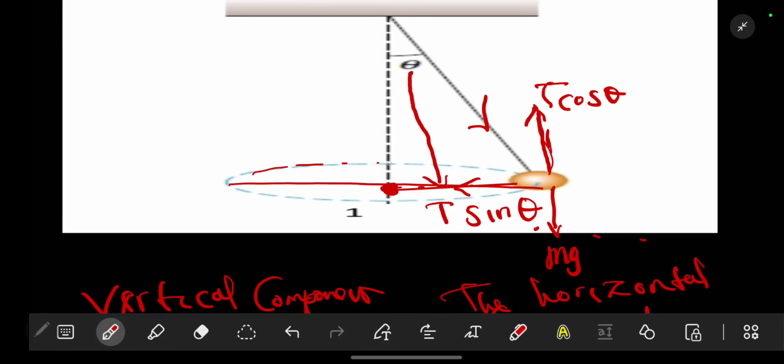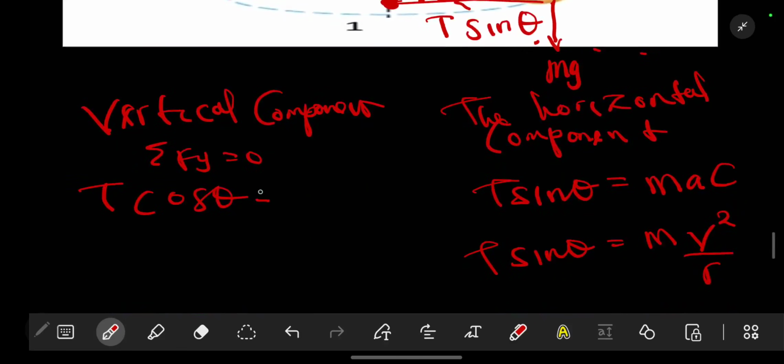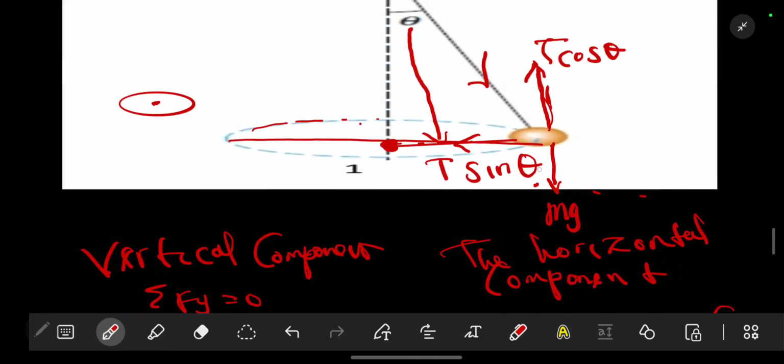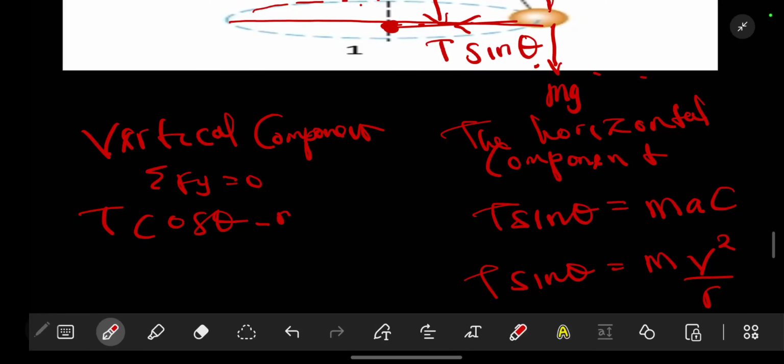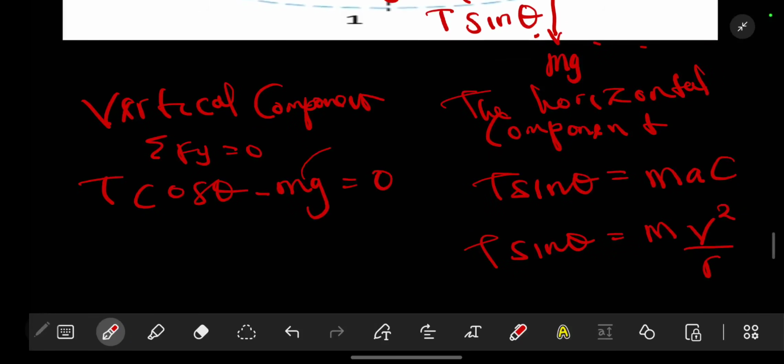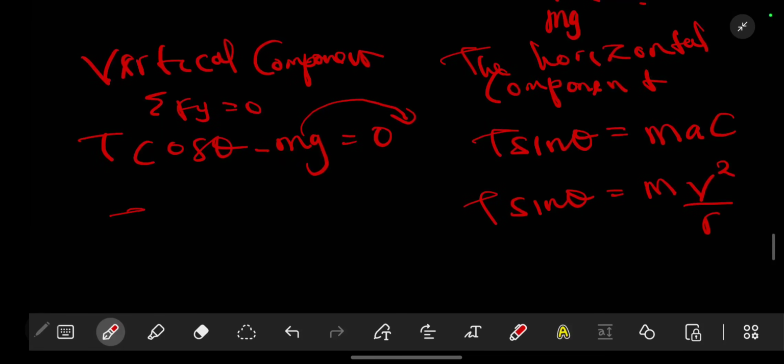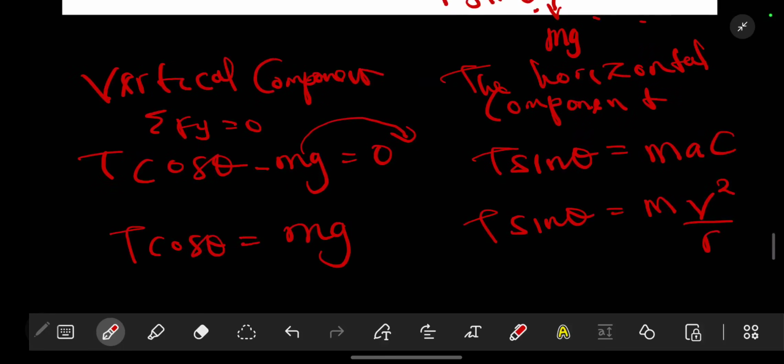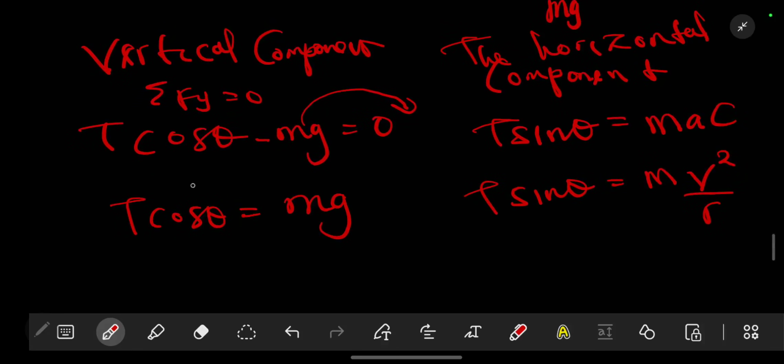It's not going up, it's purely a circle. So we have T cosine theta minus mg equal to 0. Taking this to the other side, T cosine theta is equal to mg.